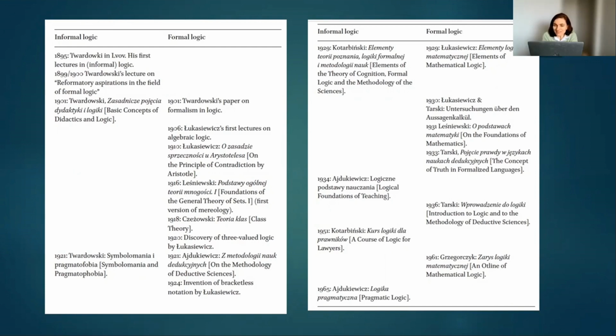And even in the 60s, there is a textbook in formal logic, mathematical logic, written by Grzegorczyk, who was a student of Ajdukiewicz and Kotarbiński, Zarys logiki matematycznej, Outline of Mathematical Logic. But four years later, Ajdukiewicz published Logika Pragmatyczna, Pragmatic Logic. So I think that this table, these dates, these publications prove my thesis that logic in both formal and informal ways was practiced continuously in the tradition of the Lwów-Warsaw School.